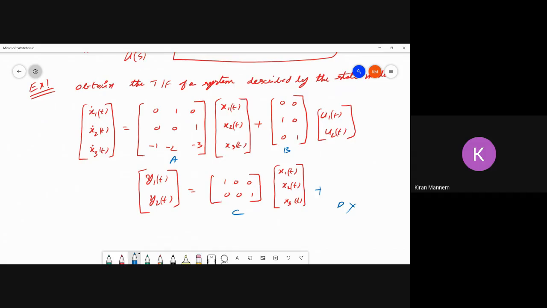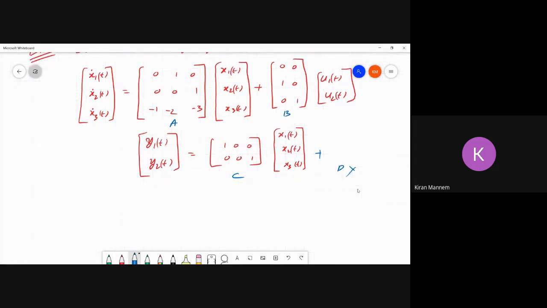So obviously you will get transfer function T of s would be C into (sI minus A) inverse B plus D. So here I don't have any D, so I use only up to this part, right?